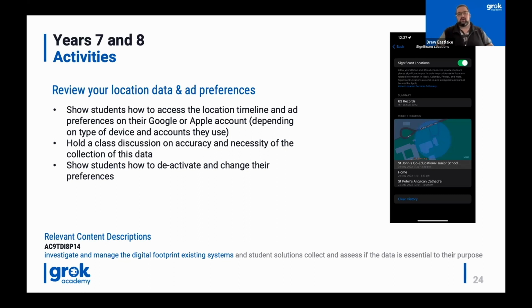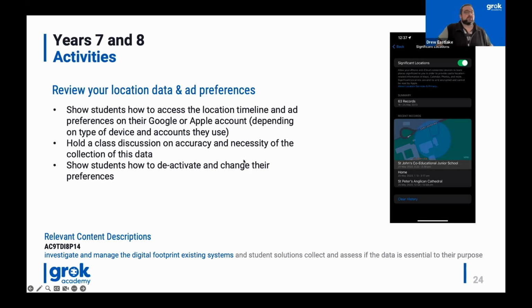Students, though, will probably have a lot more. They'll have had it on for a lot longer than the 11 days that I've had mine on for. And this is data that's being kept on them. From this, if someone was to get my phone and know my password, they could see where I live. They could see where my children go to school. They can get all this data on me, and I've done absolutely nothing. I've just been using my iPhone.